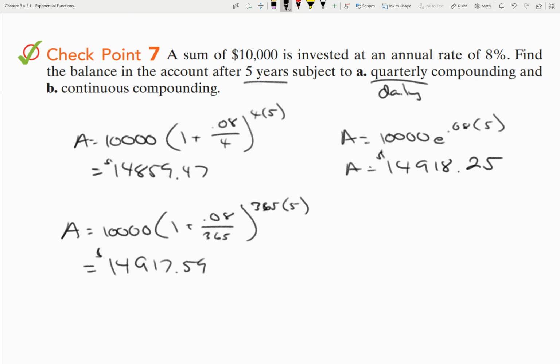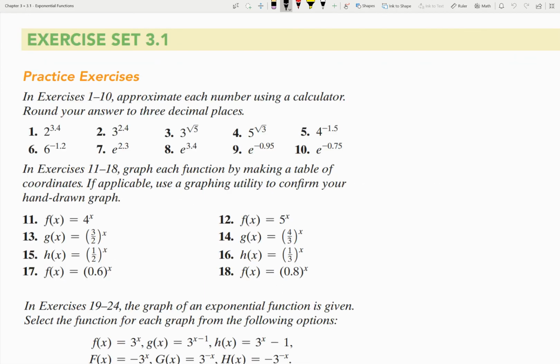So daily compared to continuous is only going to give you not even $1 more. But it definitely makes a difference compared to something like quarterly. Once we get down to daily compounding, there really is much less of a drastic difference. But if everything else is the same, continuous compounding will always be more. And that is section 3.1, exponential functions.